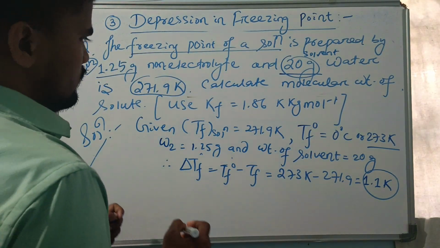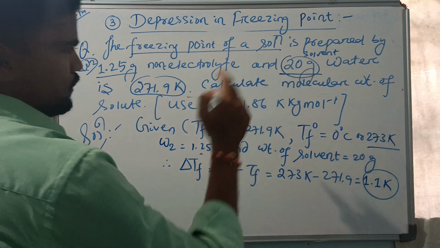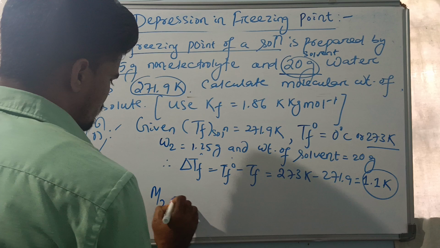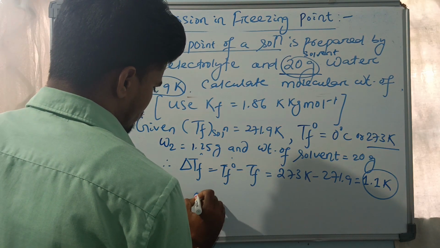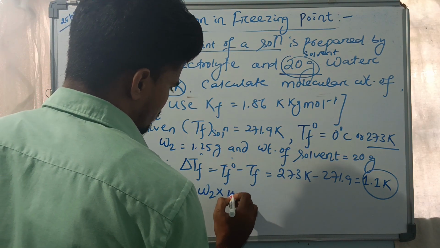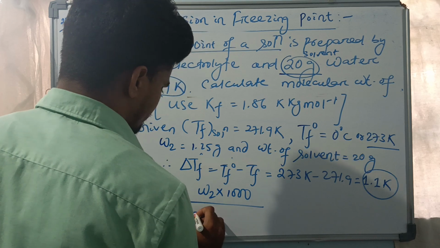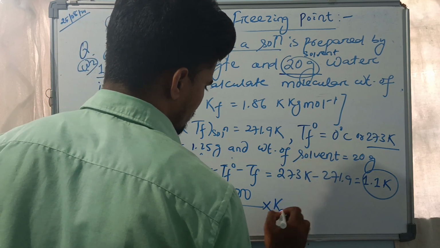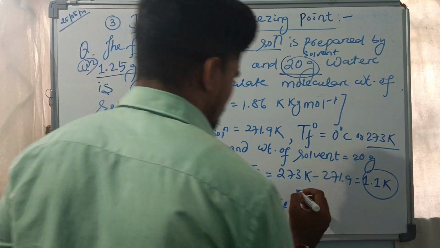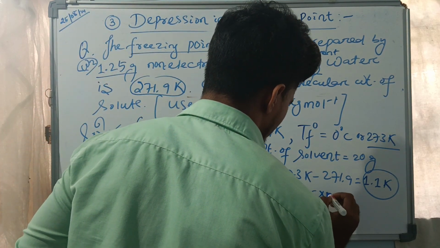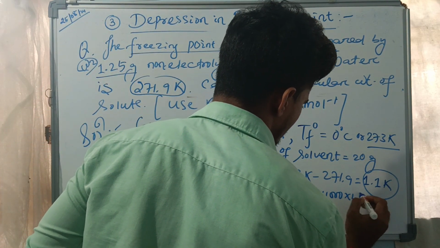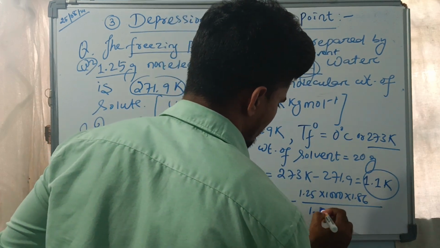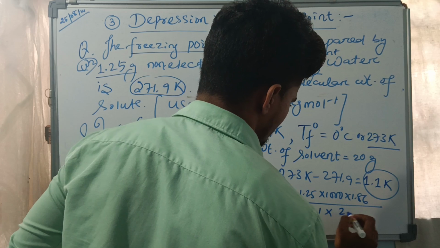Again, the Kf value is also given. Now putting the values, M2 is equal to W2 into 1000 upon delta Tf into W1 into Kf. So it is 1.25 into 1000 into 1.86, whole divided by 1.1 into 20.